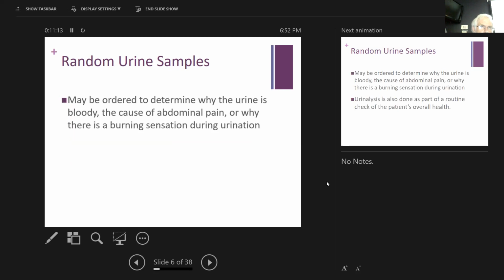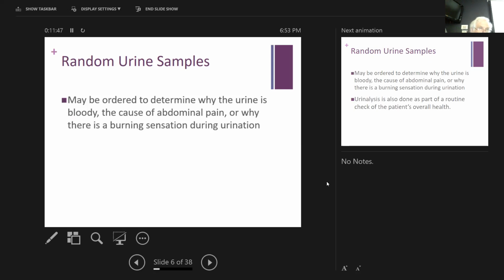So these samples might be ordered throughout the day at random times to check for things like blood in the urine, which can appear after hard exercise. We want to know if this is a one-time thing or a continual problem. If we have abdominal pain that we can't localize to, say, an appendix, then we want to know what's going on.